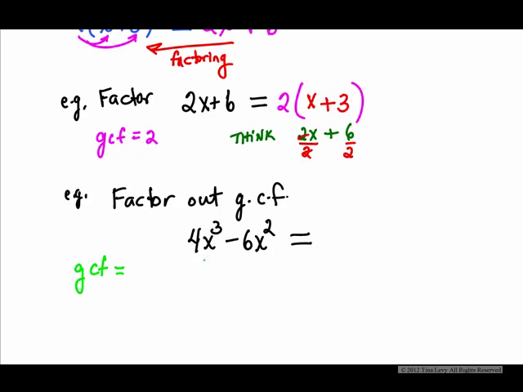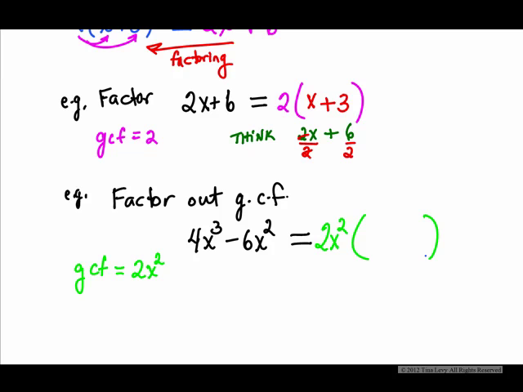The largest number that divides both the 4 and the 6 is a 2. Then I have to divide out the x to a power terms. I have an x cubed and an x squared. In order to divide both, I have to use the x squared. So 2x squared is the greatest common factor, and I put that in front.